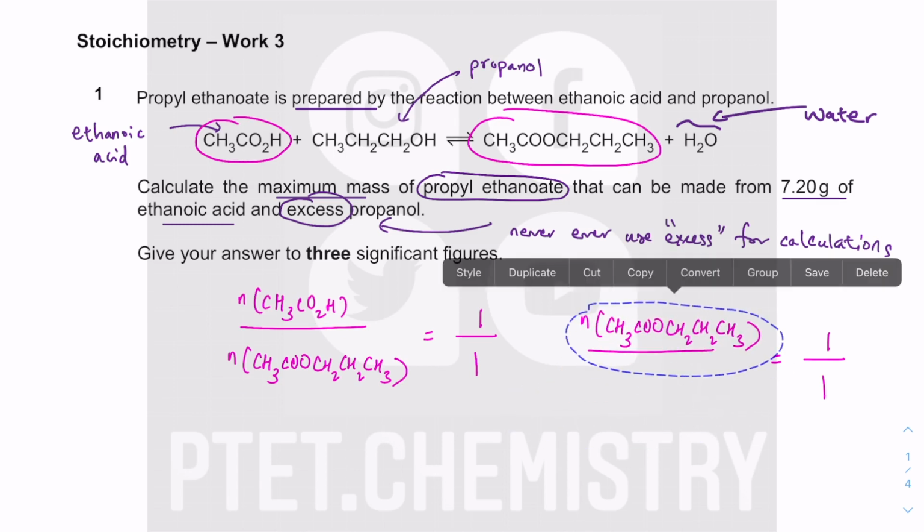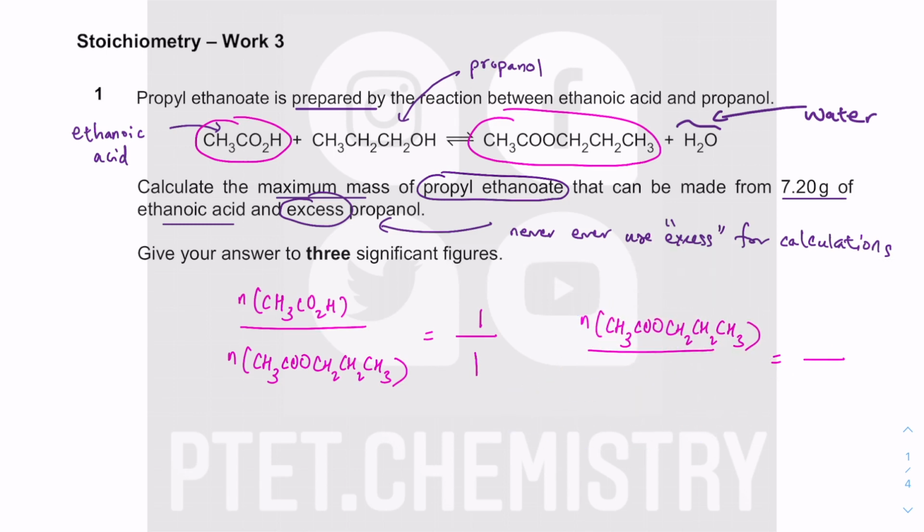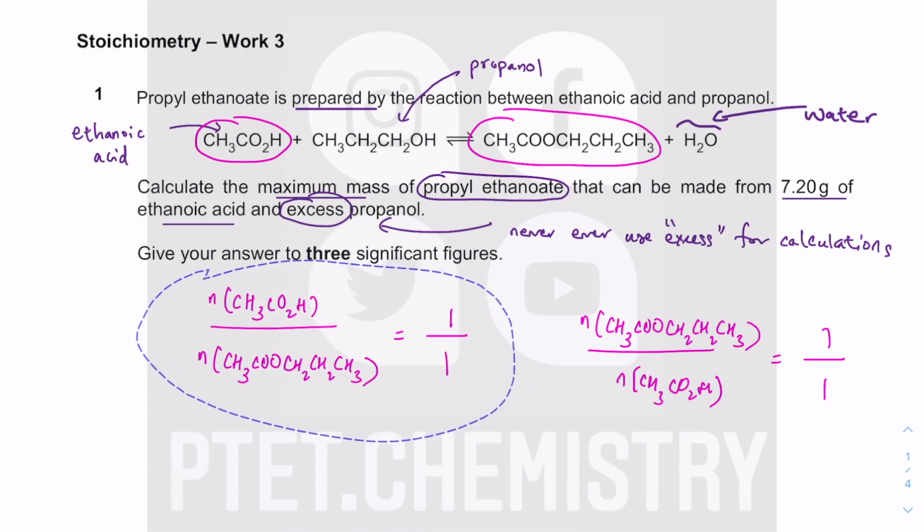If I put this on top, and then I have another CH3CO2H, if you read from the balanced equation, the top bit is this thing with 1 in front, and at the bottom is the ethanoic acid, and it's still 1 at the bottom. So it really does not matter how you write it, as long as you follow your own convention. But it needs to be something that you know and something that you don't know, because you're going to be working out the unknown.